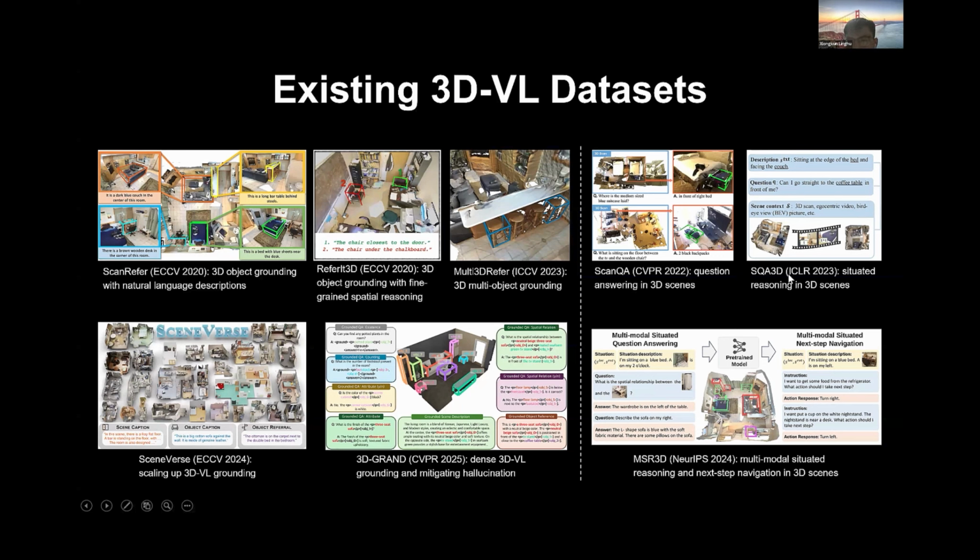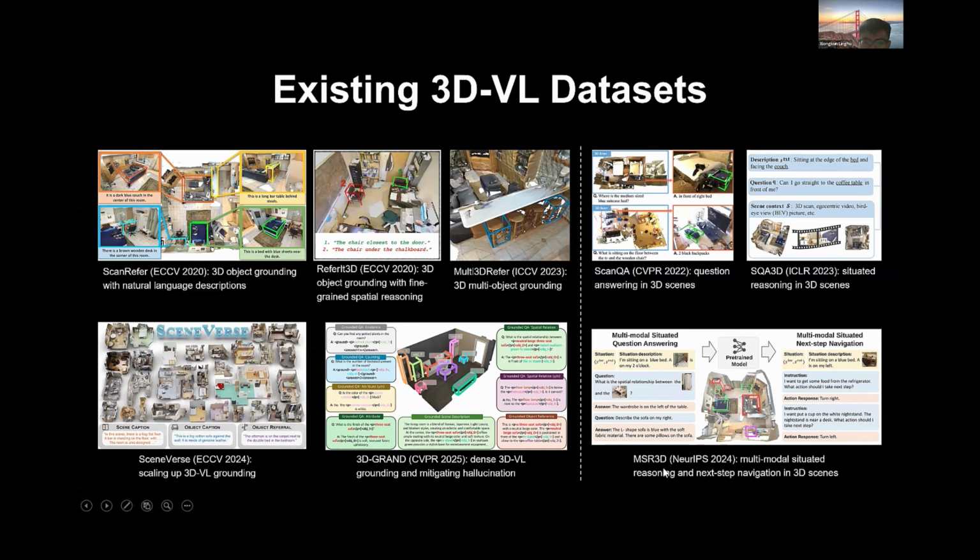And on the right side, I show more datasets in 3D question answering. SQA3D is the first situated reasoning benchmark in 3D scenes. However, this dataset only includes 20,000 data instances, which is very limited for large-scale training.